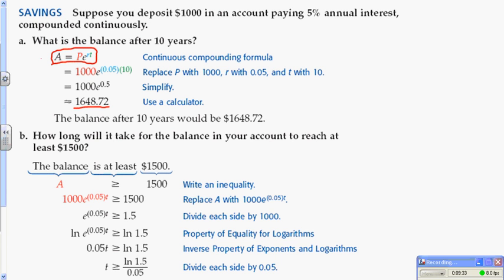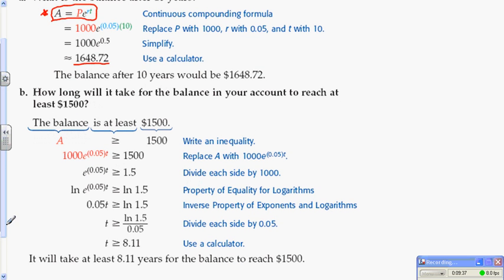So this is more applied for money. The same idea. In this one, very important to look at: at least means the amount that you have is greater than or equal to 1,500. You get to this situation, you divide by 1,000, and then you do ln on both sides, and these cancel, and you divide both sides by 0.05 and get your answer. And this ends lesson 10.6.